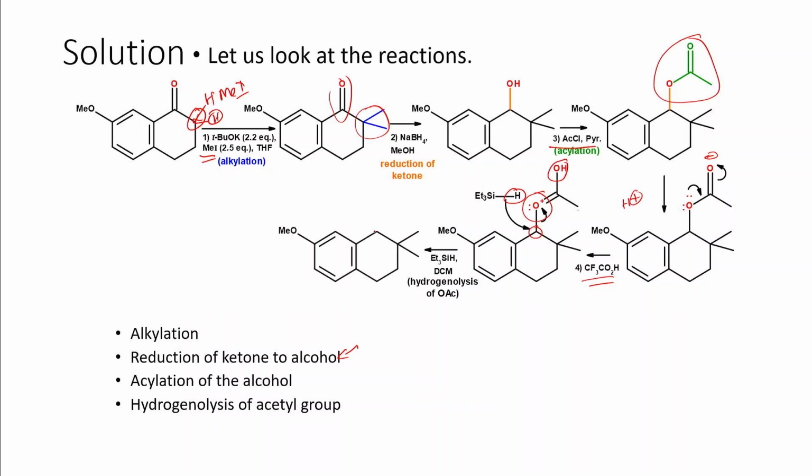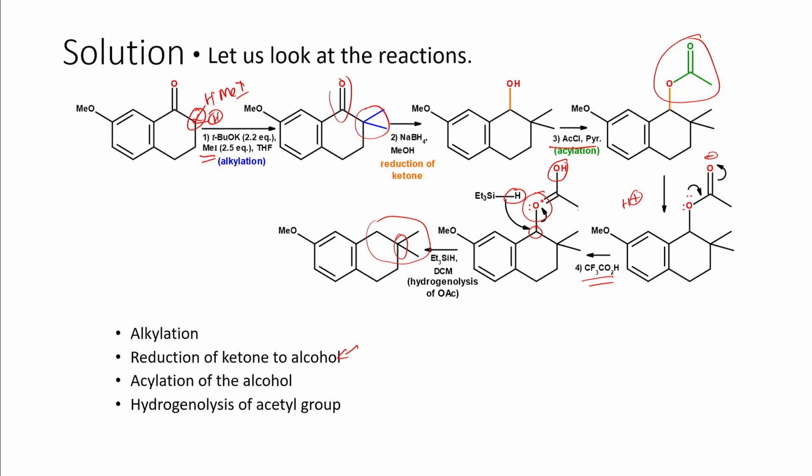So this is our first intermediate. Here we have the gem dimethyl group introduced through the alkylation reaction, and the carbonyl group's C=O is reduced through the various steps: conversion of the carbonyl to an alcohol, alcohol to acetyl, acetyl to deacetylation, leading to the reduction of the complete carbonyl group. That is what is happening here.